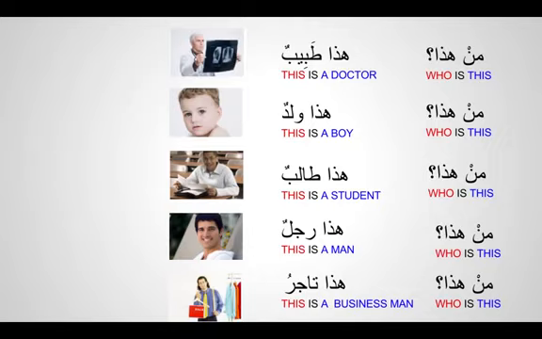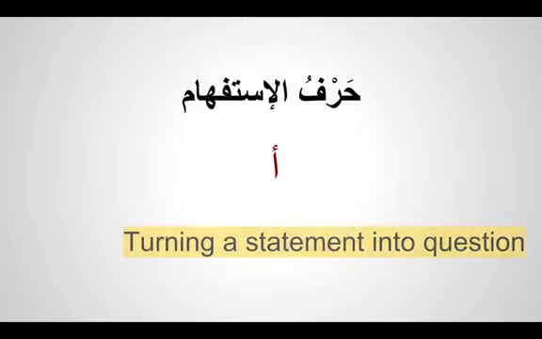So again, yesterday we did harf al-istifham a. So a, we know, turns a statement into a question. If it's telling this is a boy, we can turn it into is this a boy?